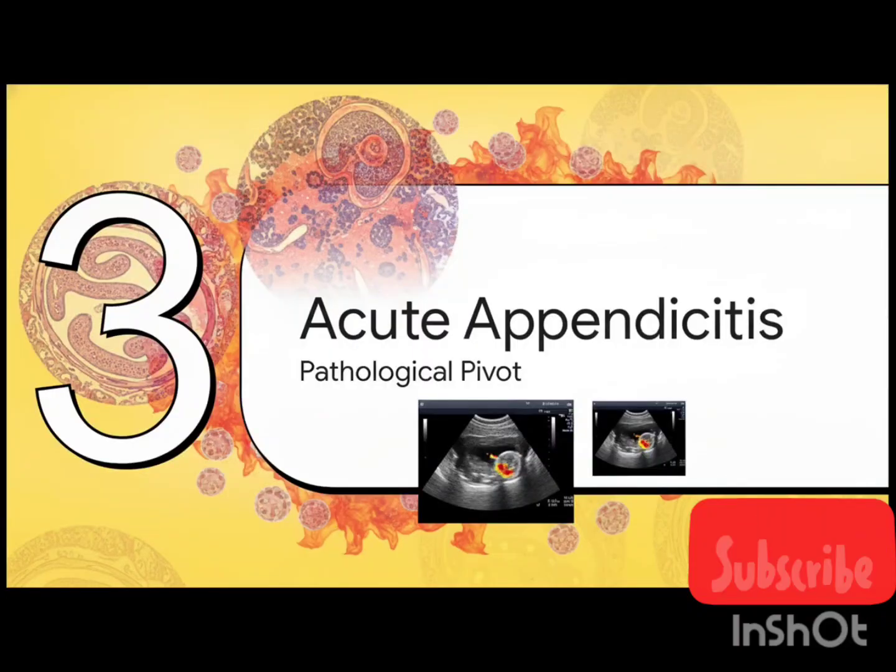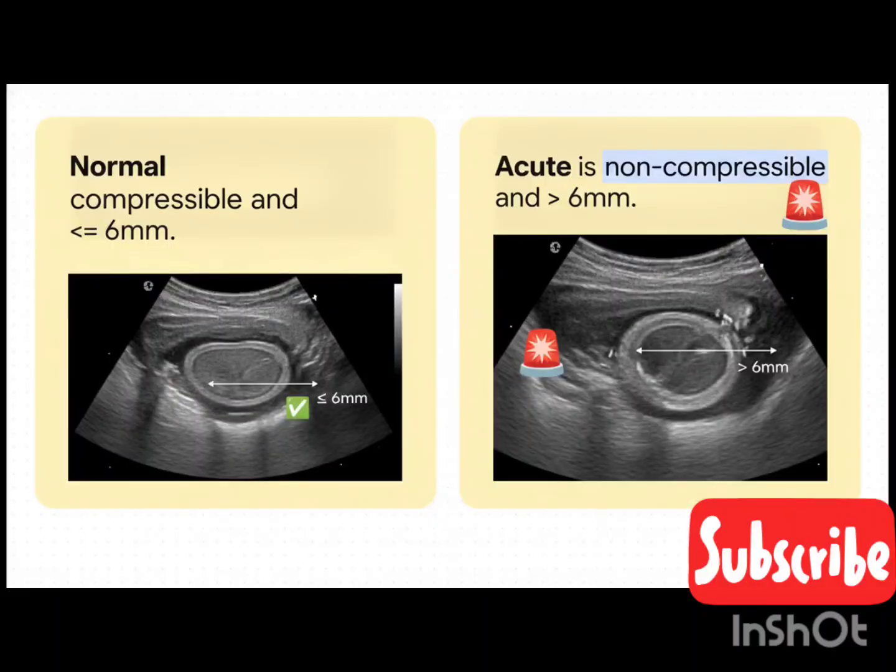Now we reach Section 3, Diagnosing Acute Appendicitis, the Pathological Pivot. This is the exact moment in our explainer where that healthy, normal baseline we just learned about is completely disrupted by acute inflammation. The contrast between normal and acute is incredibly stark. As we said, a healthy appendix is compressible and measures 6 millimeters or less.